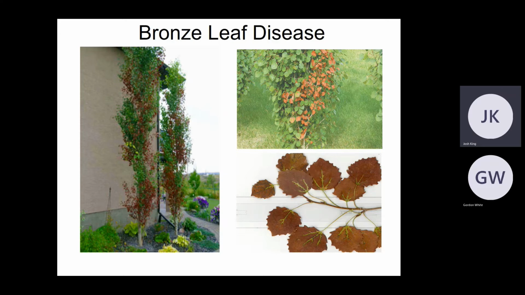Bronze leaf disease, this is one that we thought might run rampant. We've seen some in town, and I haven't seen it in native aspen yet, but it's common in Swedish columnar aspen and tower poplar. These are one of my most disliked trees.